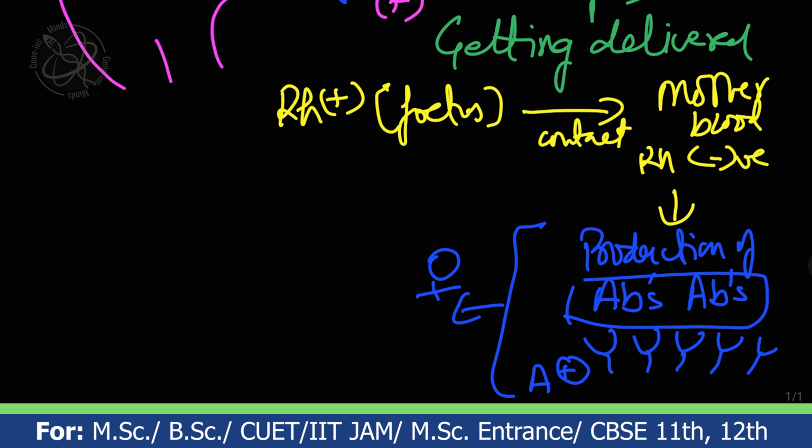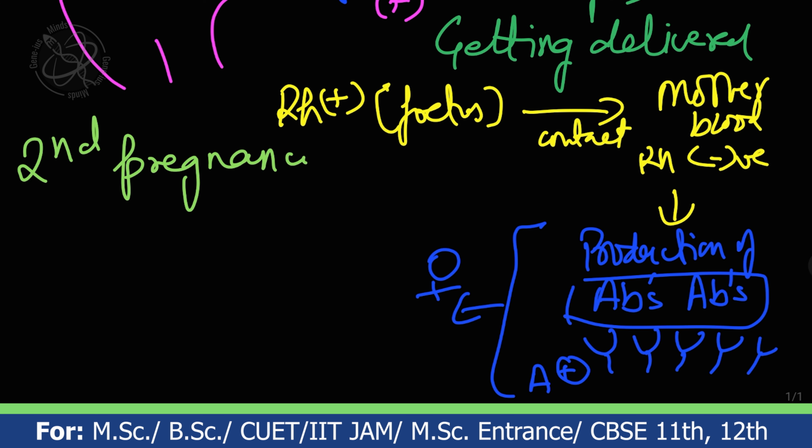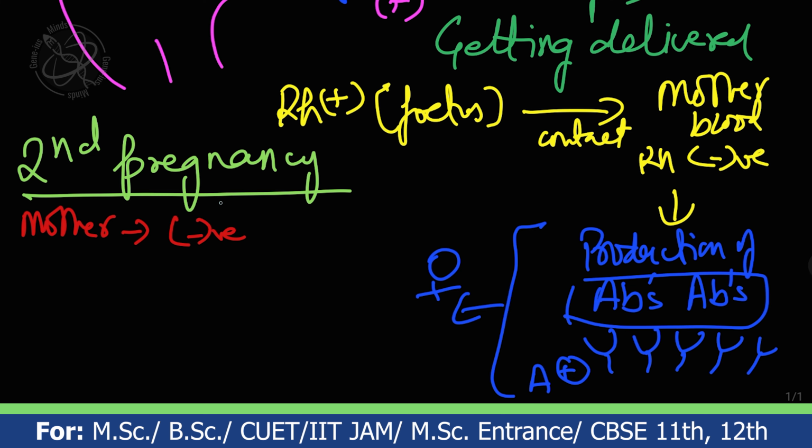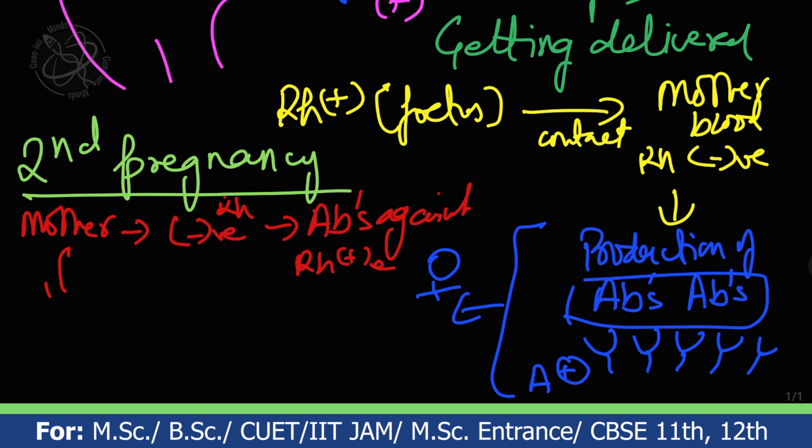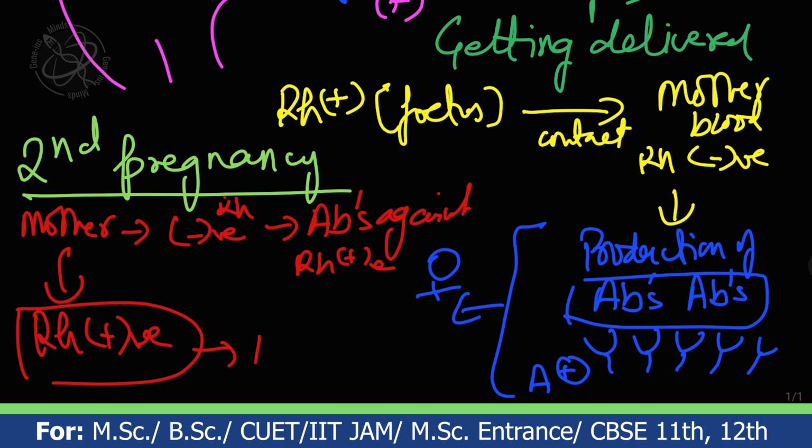Now the next case arises during the second pregnancy. Now the mother is again RH negative, but she now has antibodies against RH positive. Just in case, in the second pregnancy her fetus again has blood group which is RH positive. We are taking an example of A blood group, so I am just mentioning A blood group only.